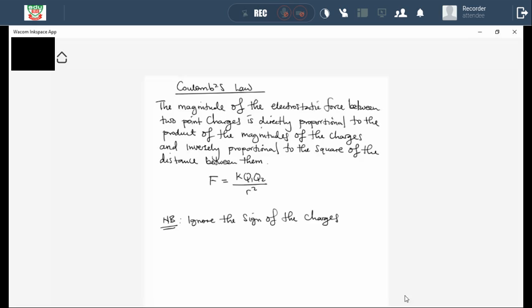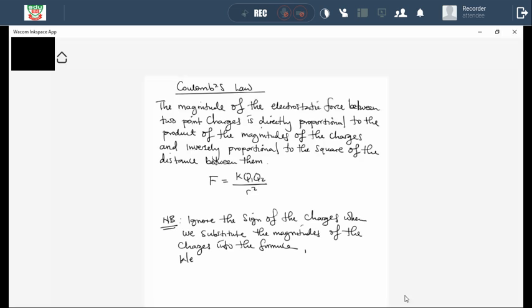Whether you're dealing with positive or negative charges, we ignore the sign when we substitute the magnitudes of the charges into the formula. But we need the sign of the charge at the end of the calculation.